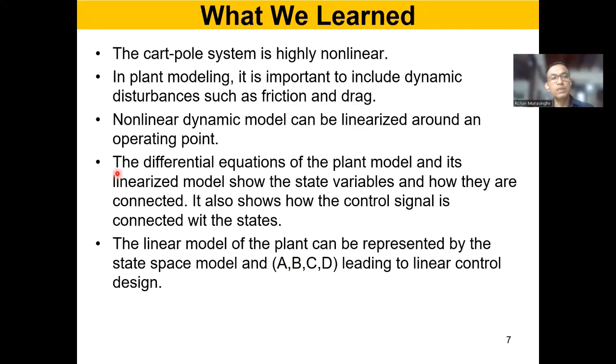Then fourth bullet, the differential equations of the plant model and its linearized model for the state variables and how they are connected. That is the state space model, the connectivity of the state variables. It also shows how the control signal is connected with the states.